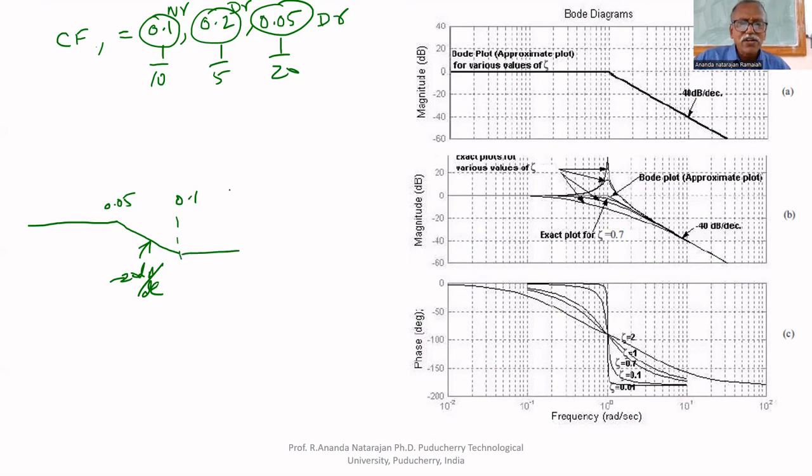After that, up to 0.2, it is a horizontal line, because at 0.1 a factor comes in the numerator. Again, after 0.2, there are two terms in the denominator and one in the numerator. That's why plus 20 and minus 20 get cancelled, leaving minus 20. Therefore, it decreases from 0.2 at the rate of minus 20 dB per decade. That's all.